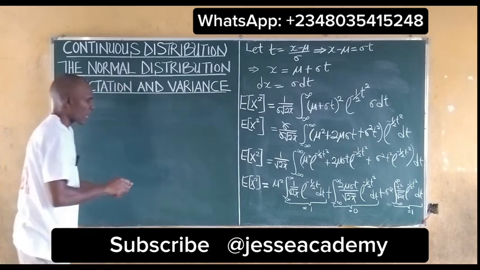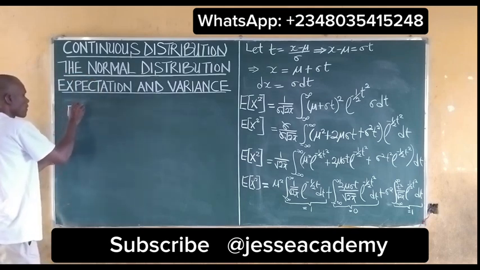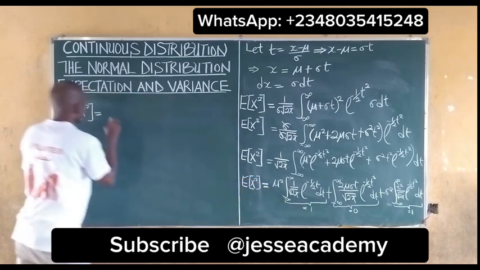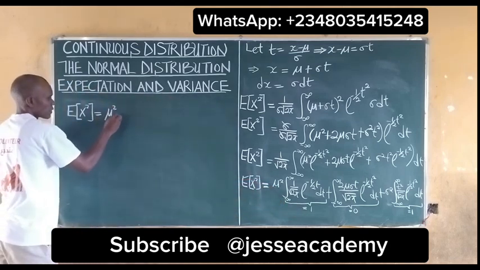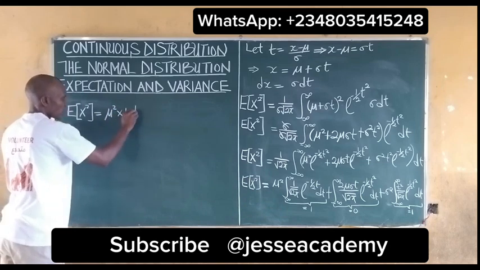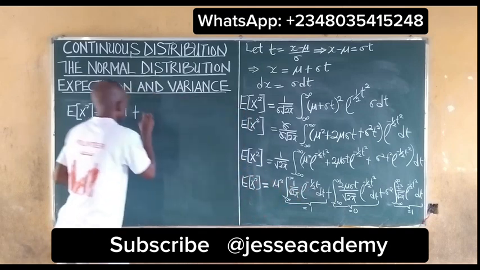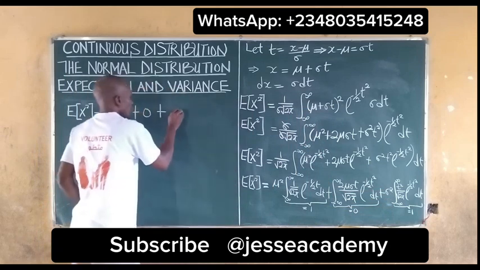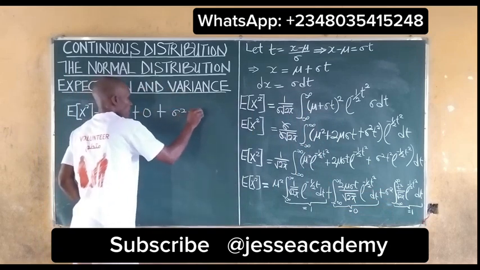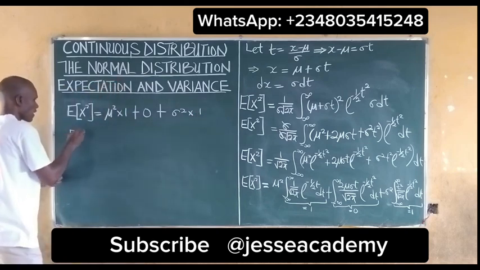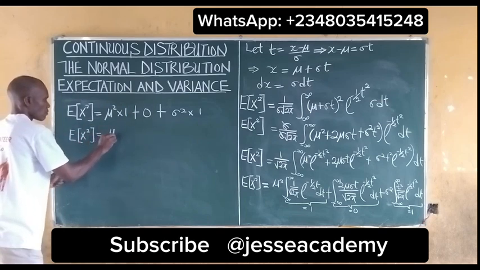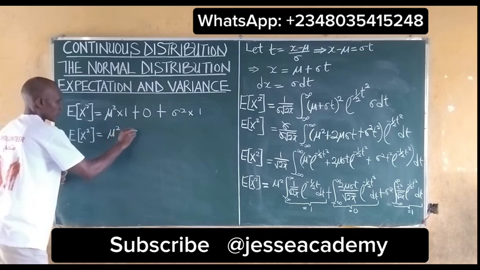It then means that our expected value of x squared will be equal to mu squared multiplied by 1, plus, here we have 0, plus, here we have sigma squared multiplied by 1.